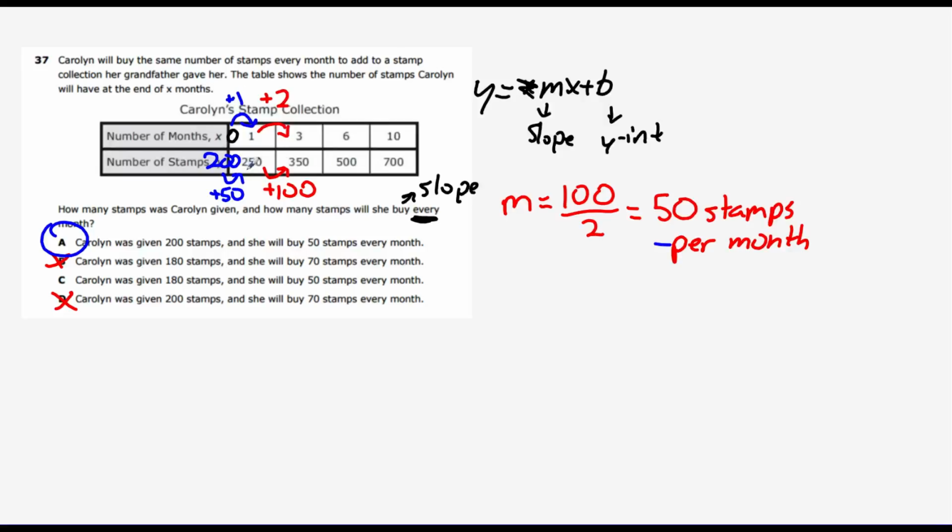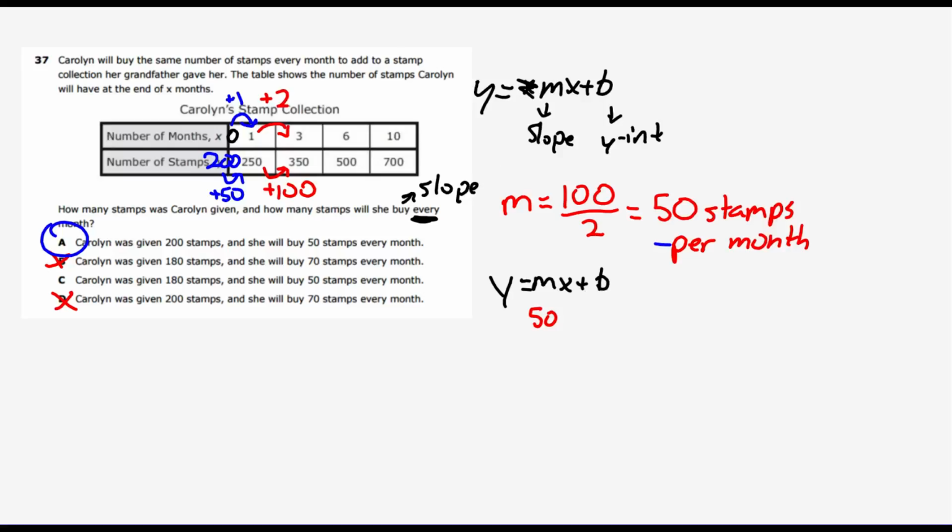Okay. If it wasn't this simple, right? If it didn't give us 1 and asked for a 0, we also could have said that our equation is mx plus b, right? And we figured out that the slope was 50. And we wanted to know what b is.